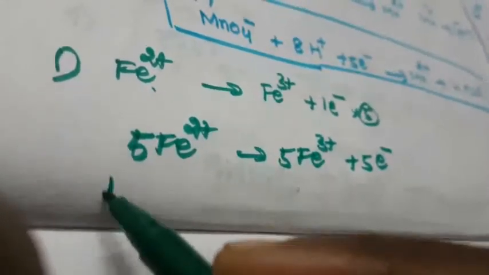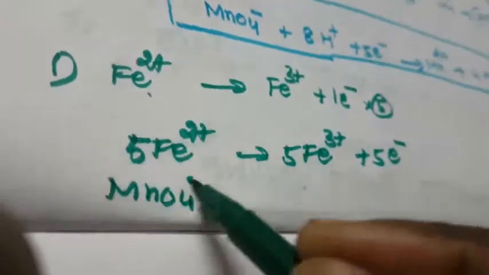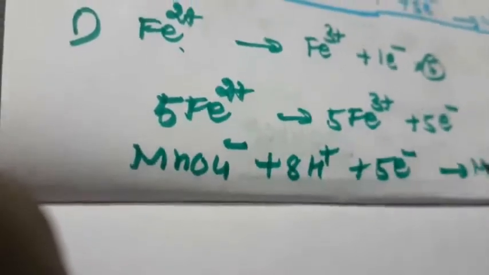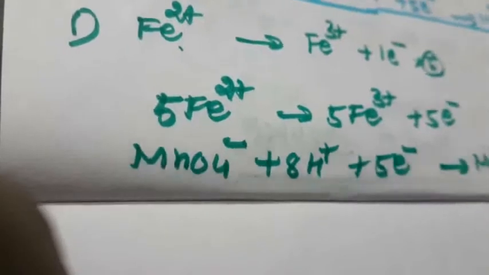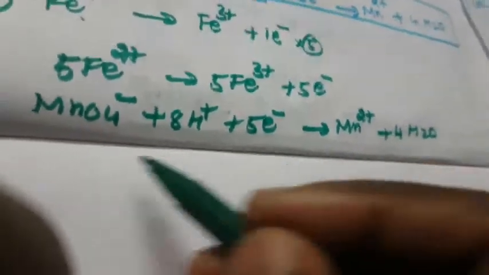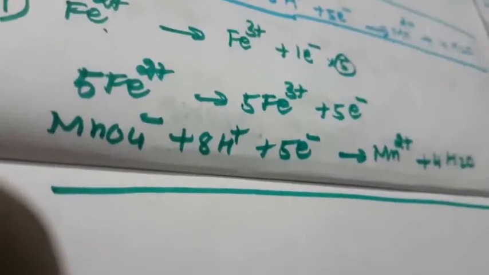So now you can write this equation: MnO4 minus plus 8H plus plus 5 electrons gives Mn2 plus plus 4H2O. Okay, we are adding the two equations. What is that answer? So this is the answer. You will get that answer.